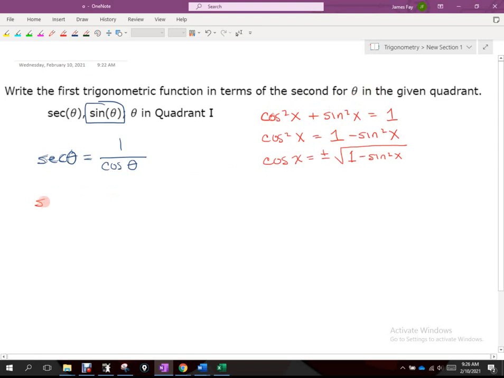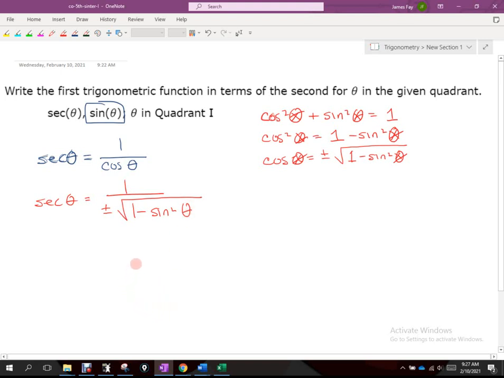I can say secant of theta is equal to 1 over, interchanging cosine, and I'm using x, it doesn't really matter, I should have said theta here, plus or minus the square root of 1 minus sine squared theta.